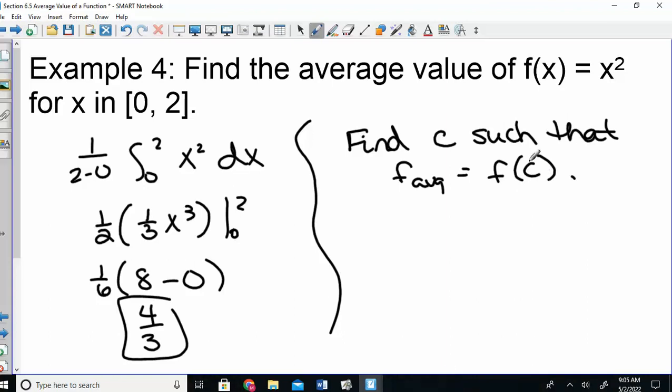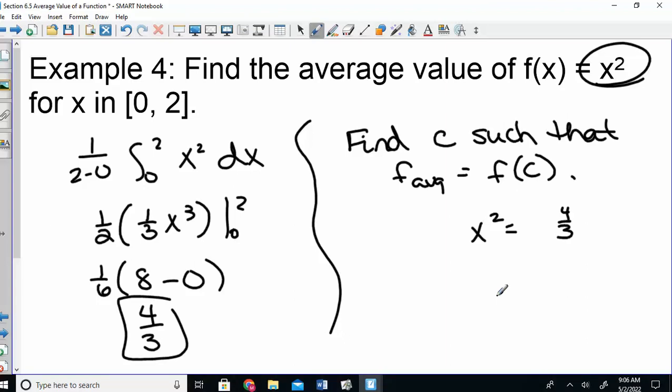So that's just another way of saying the average value is equal to f of c. What do we have to do there? Yeah, we just take the original function and set it equal to our average value, which was 4/3. So if I'm asking you to find that c, I'm just asking you to set your function equal to your average value.